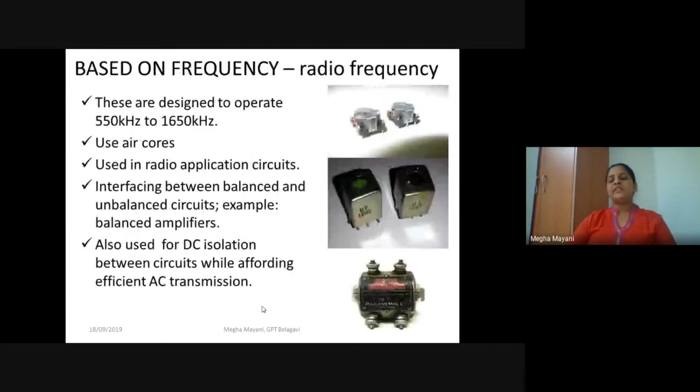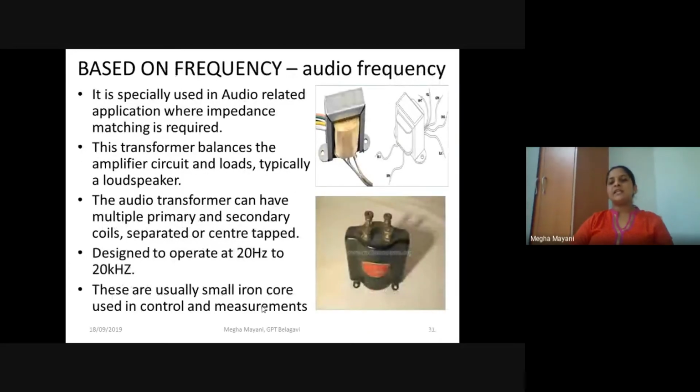So the name itself indicates, friends, audio frequency. These are designed to operate in the audio frequency range, that is from 20 hertz to 20 kilohertz. And these are usually made of iron core material and used in control type of applications or usually to measure the values.